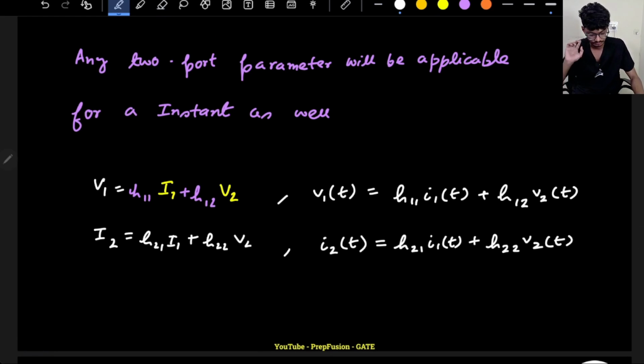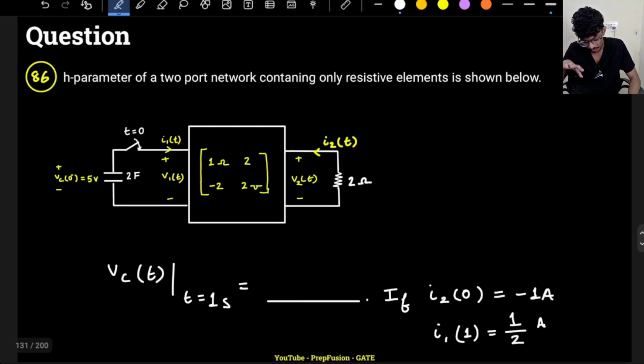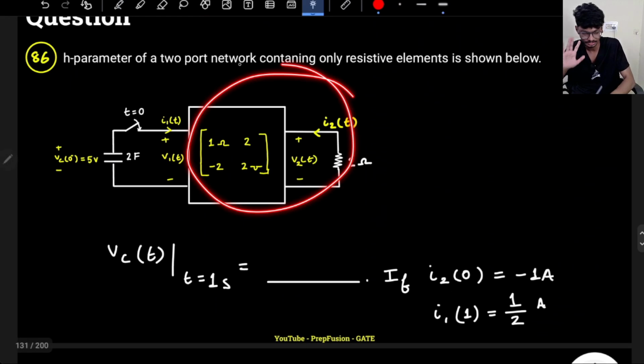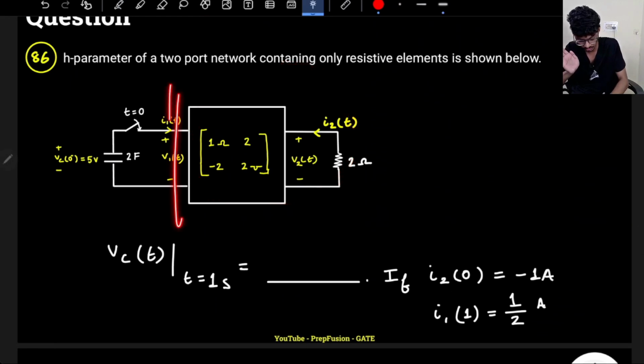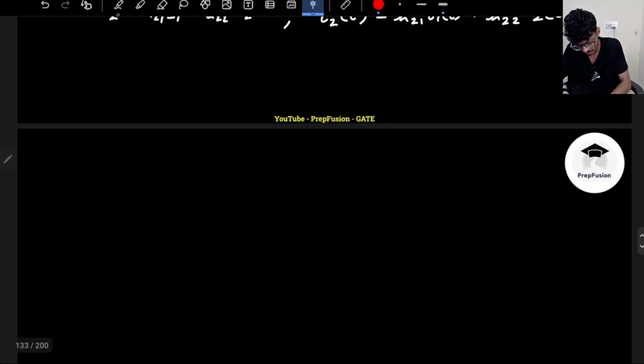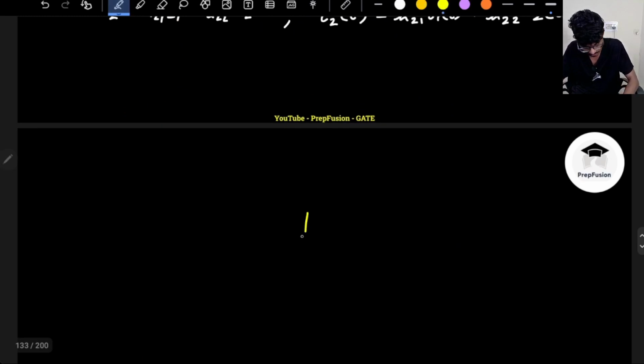I will use this. First of all, it contains only resistive elements. So the whole thing on the right hand side contains only resistive elements. Can I redraw my circuit like this? Because in the question they have told me it contains only resistive elements. So my circuit can be redrawn like this, with R equivalent and C here.